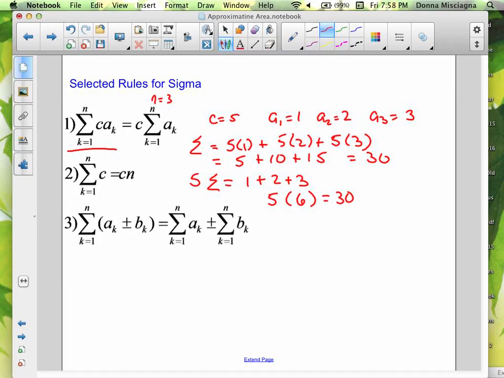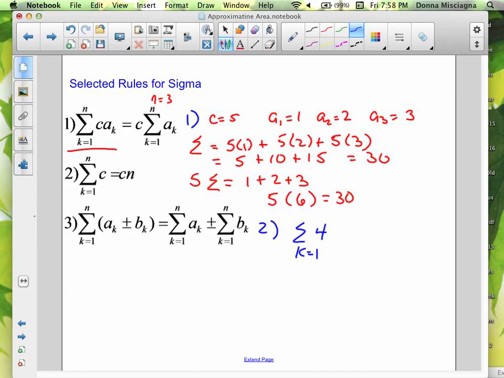The second rule is telling you that the sum, where C is a constant and we have some number of terms, is just the constant times the number of terms. So this was just explaining number 2 here. Let's just say our constant is, why not, 4. A different number up here.